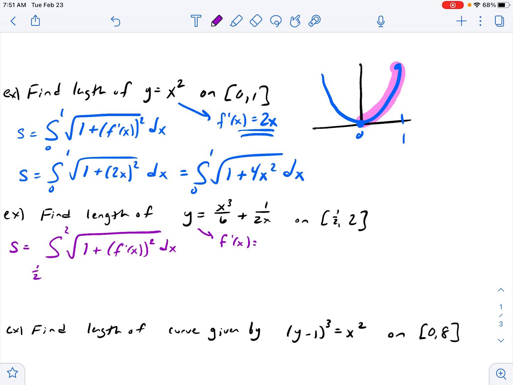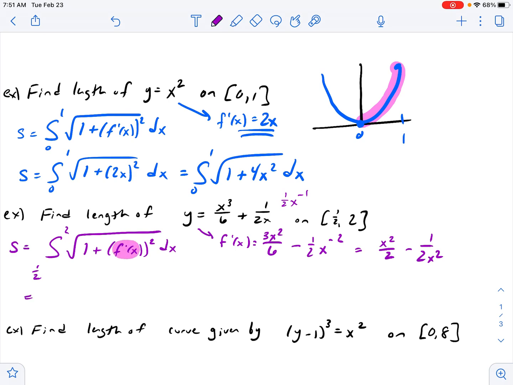Taking the first derivative, we're going to get 3x squared over 6. This is 1 over 2x to the negative first, so we're going to get minus 1 over 2x to the negative second. If we clean this up, we're looking at x squared over 2, or 1/2 x squared, minus 1 over 2x squared. And that's what we're going to substitute in for our derivative.